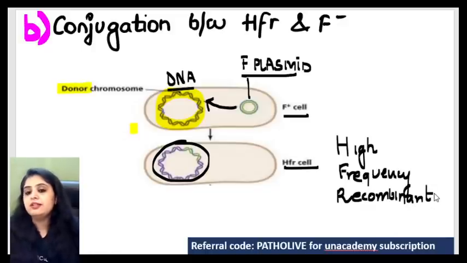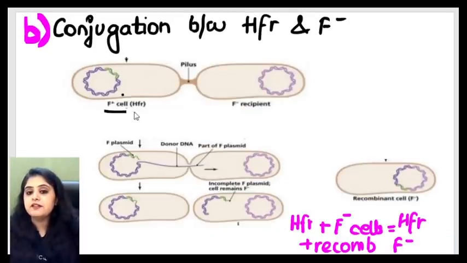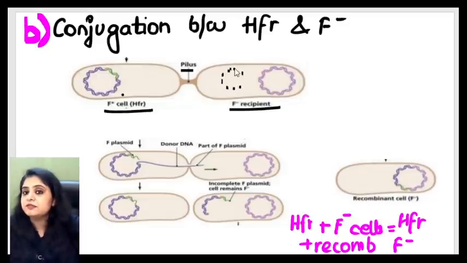Having said that, now let's consider the next permutation combination. This is a high frequency recombinant cell, and with the help of a conjugation tube, it is conjugating with F negative. What is F negative? Does it have a plasmid? No. Does it have fertility factor? No. So what will happen when they conjugate? Let's see. So this is HFR.